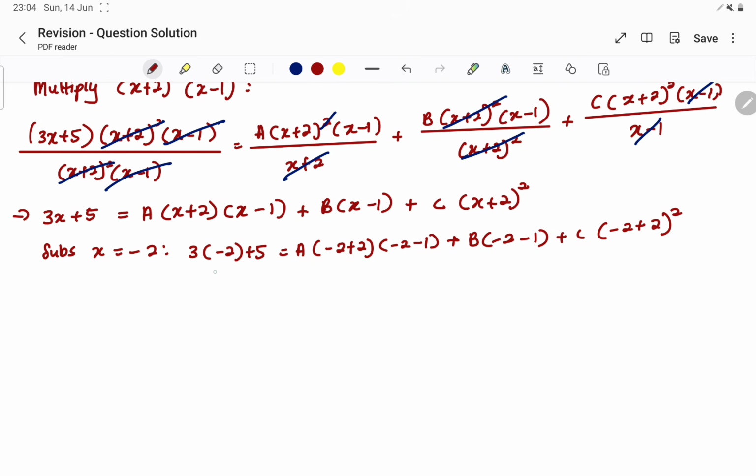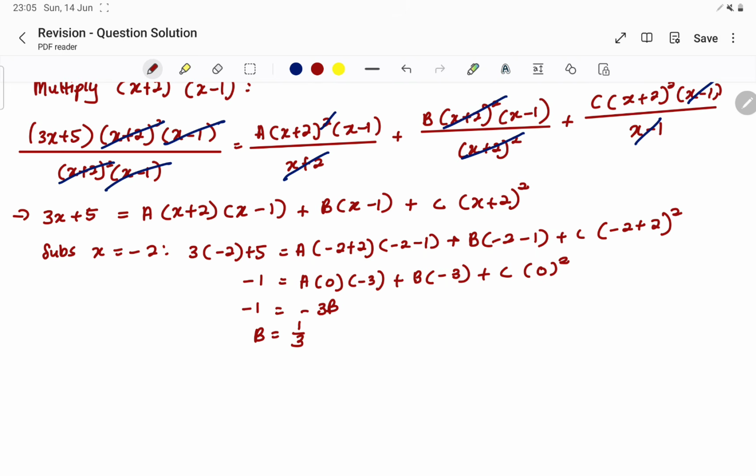Then 3 multiply negative 2 plus 5 gives negative 1, and a multiply with 0 multiply with negative 3, plus b multiply with negative 3, plus c multiply with 0 square. You are left with negative 1 equal to negative 3b. Then b is equal to 1 over 3. So you get b already.